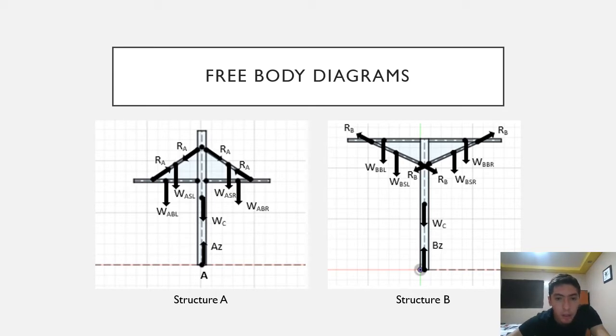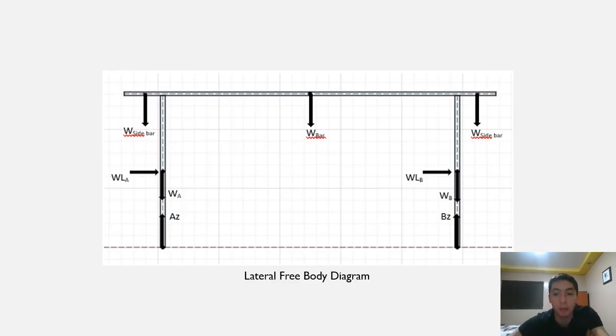These supports in both cases have the R reaction, which is the reaction that the beam creates as it pushes down and tries to rotate, and these things counter it a little. That's why they are there. And this will be the free body diagram for the lateral view of the structure.